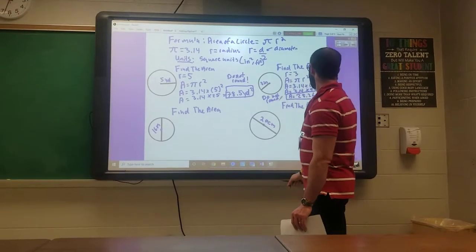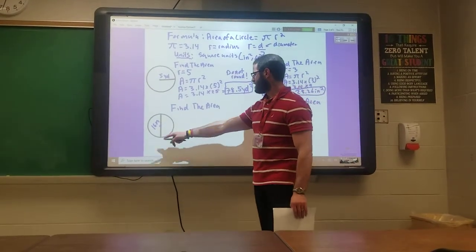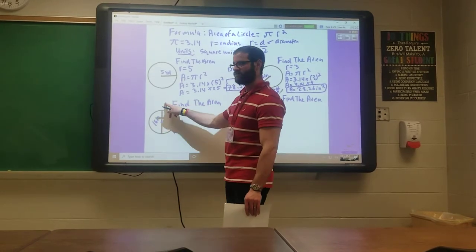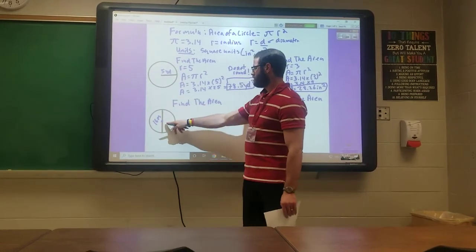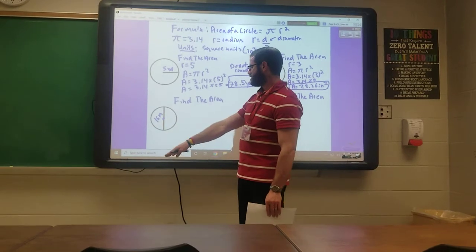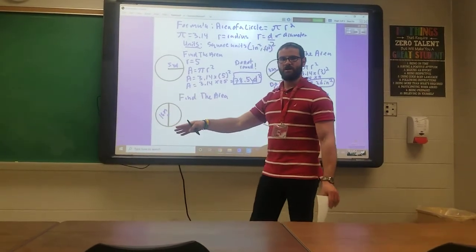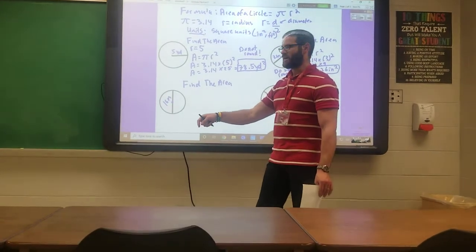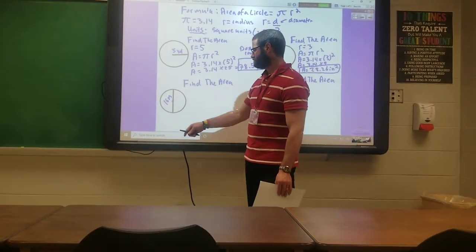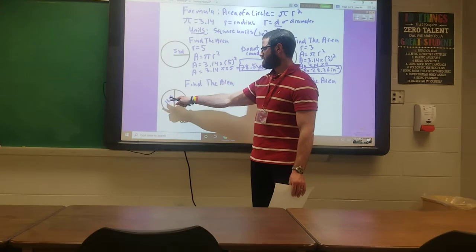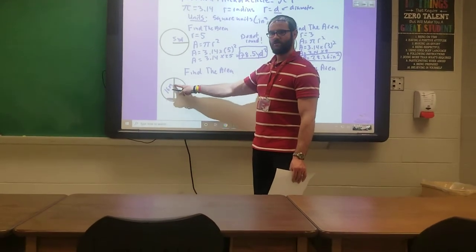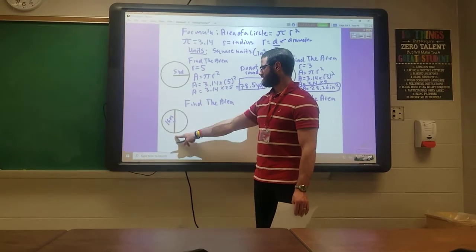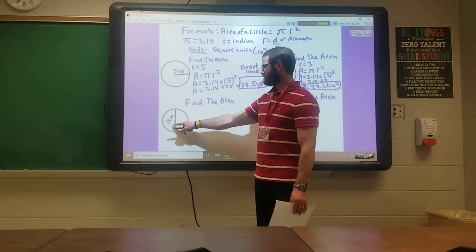Okay, so find the area. Again, we got a circle, and this says 16 meters, but what are we given here? Okay, are we given the radius or the diameter? And you should be able to tell me that that is the diameter. All right, so it's a line that goes all the way through the center of the circle from one edge of the circle to the other.